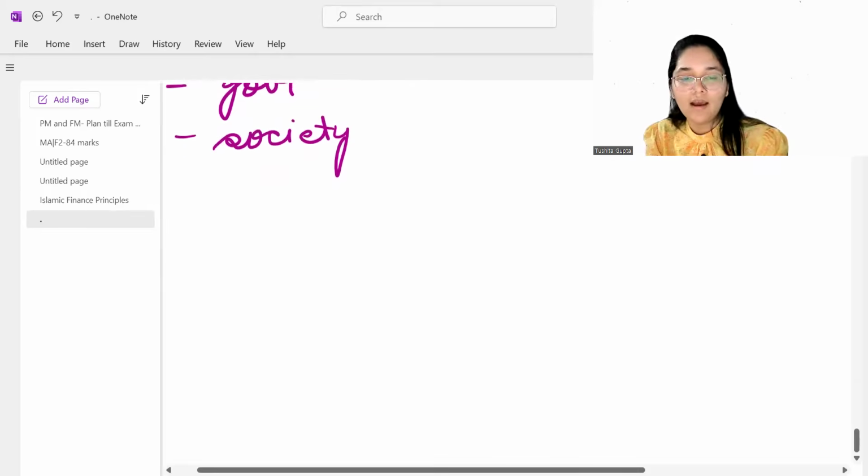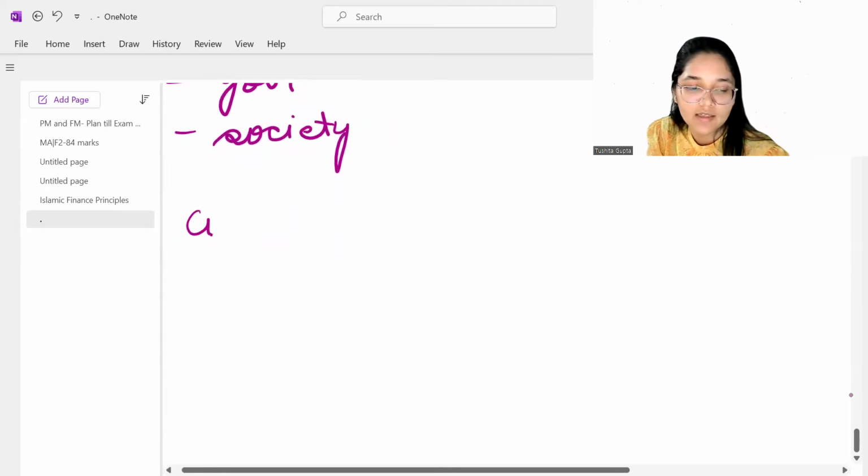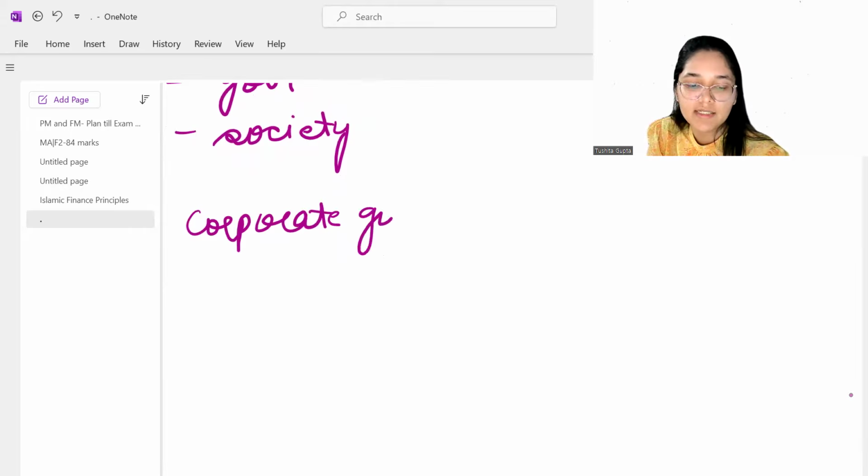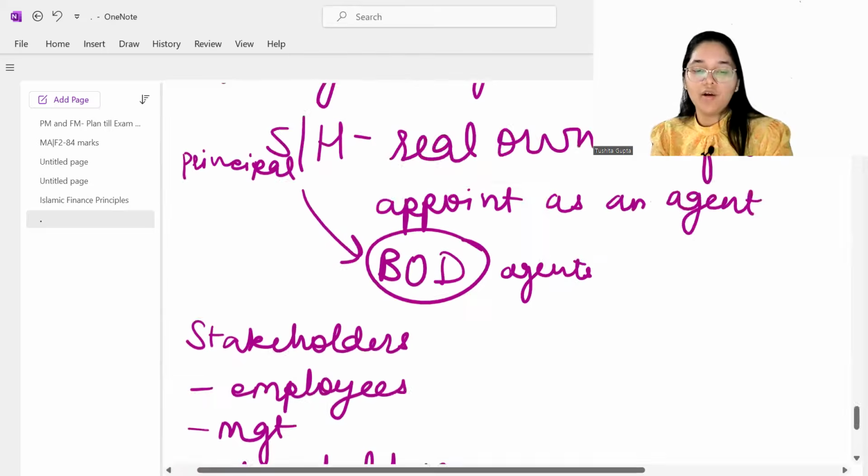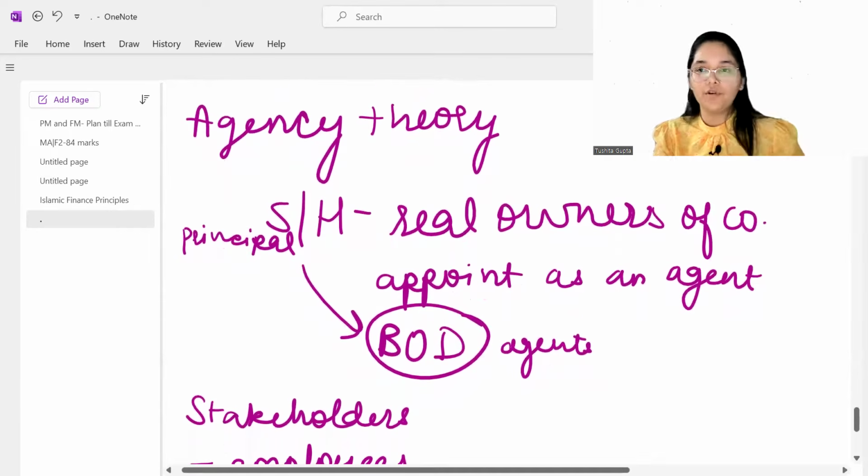Now, the second last topic for this chapter is corporate governance. Corporate governance is a concept wherein the shareholders have appointed the board of directors on their behalf to run the company.